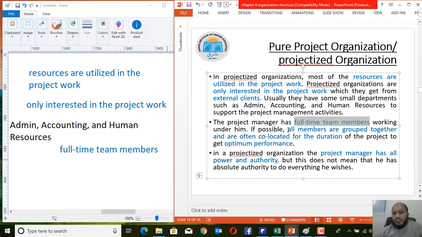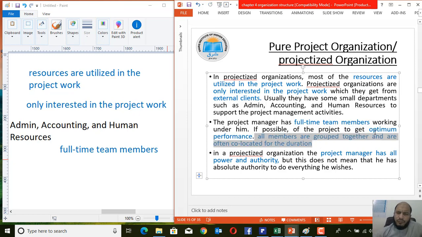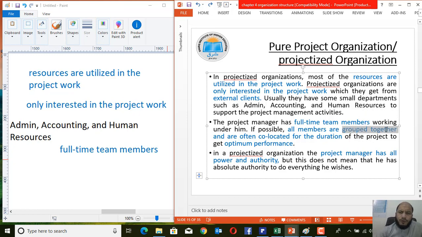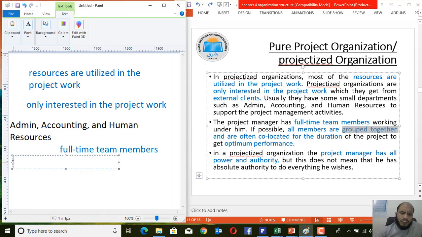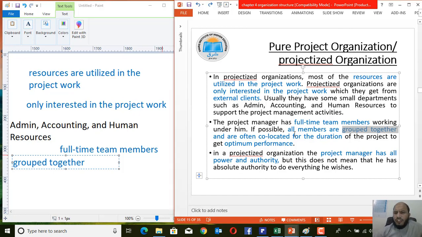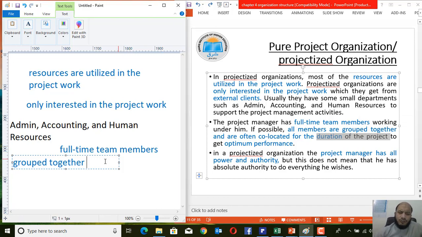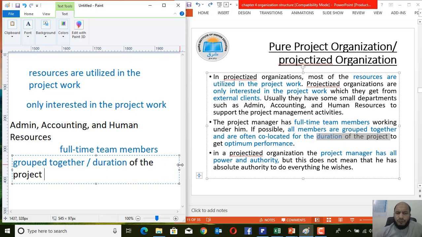Here the people are grouped together and are often co-located for the duration of the project. This group of people works until the duration of the project ends, and when the project is completed or closed, there will be no work and no job for these people.